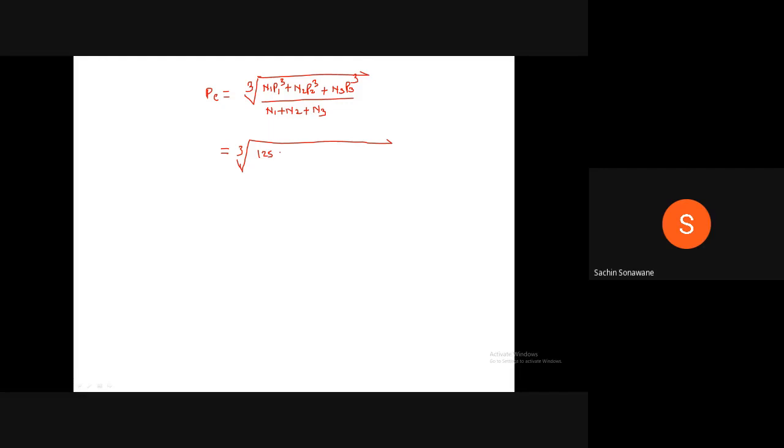125 into 5000 cube plus 350 into 10,000 cube plus 100 into 7,000 cube divided by 575. Therefore, please do the calculation.